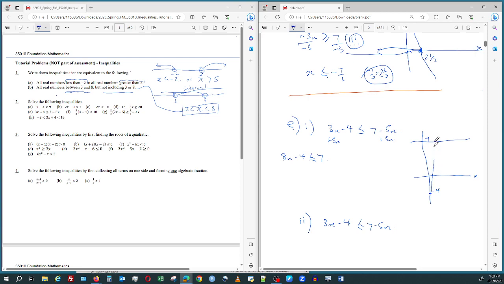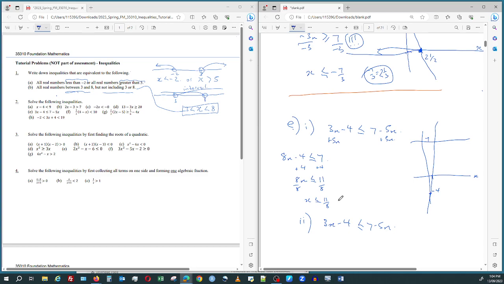So 8x is going like this. Okay, and let's solve for that now. So we can add 4. So 8x is 11. And x is 11 on 8.